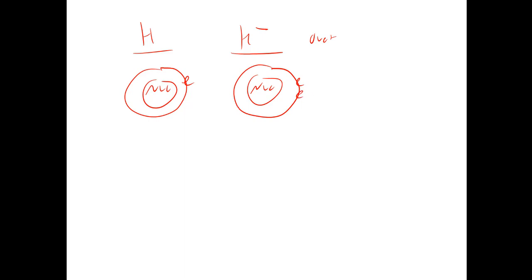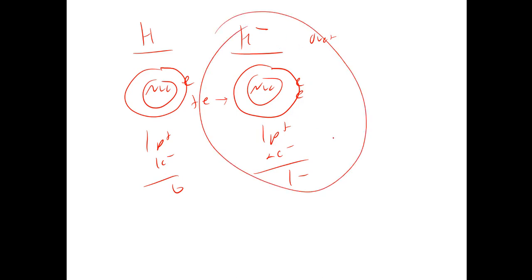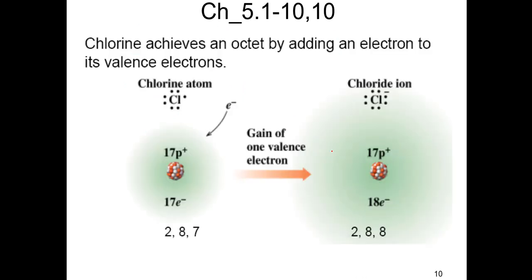So we'll pick up an electron. And now let's see, we started off with one proton, one electron, and then one proton, two electrons. So it went from 0 to a 1 minus charge. Now hydrogen will also lose the electron, forming an H+, and we'll get into that in a second.